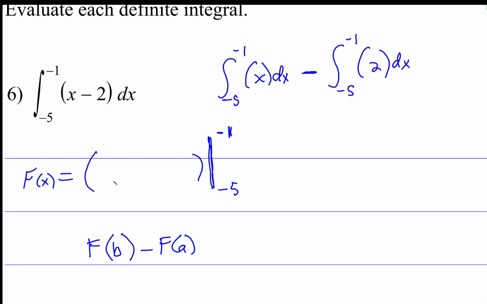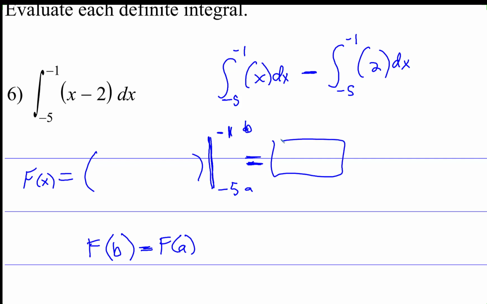So when you find the integral, you plug the upper bound into all of the x's, and that's your f of b. Then you subtract, and you plug in the lower bound, your f of a. There you go. You subtract, and then you put your value right here.